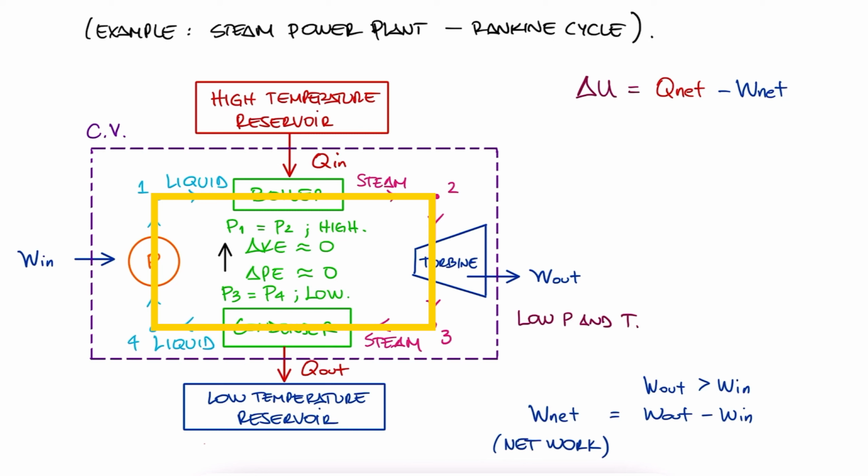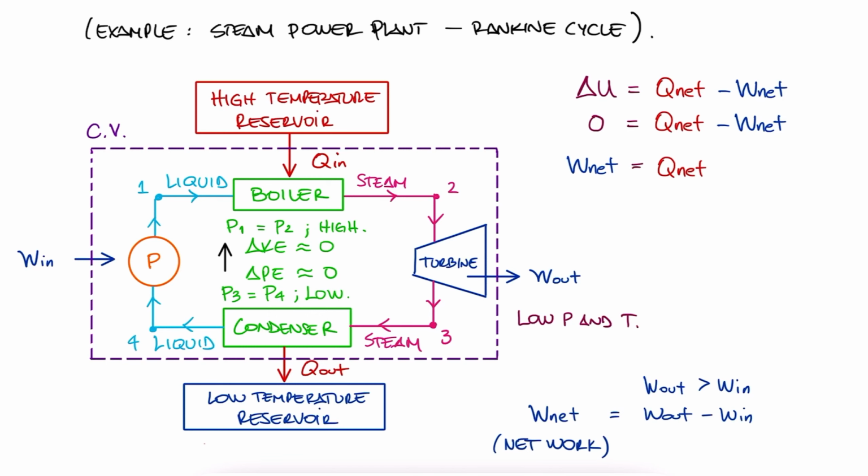And since after one cycle the water goes from State 1 to State 1 again, the change in internal energy is 0. Therefore, the net amount of work is the same as the net amount of heat transferred. Following the same sign convention that we always use in thermo, W net is W out minus W in, and Q net is Q in minus Q out.